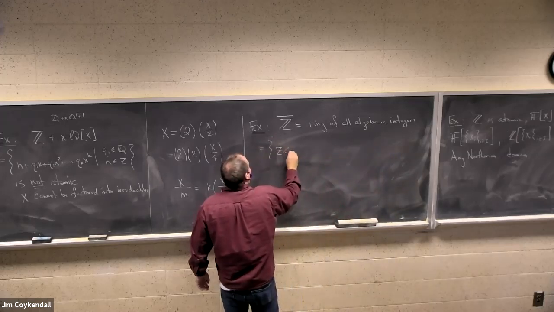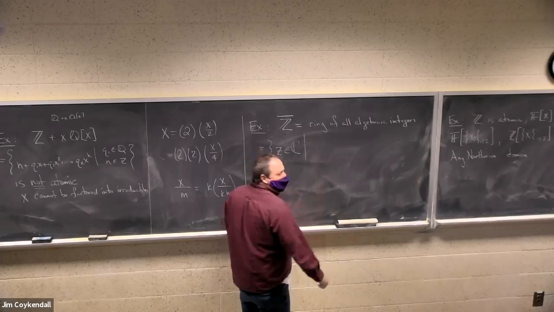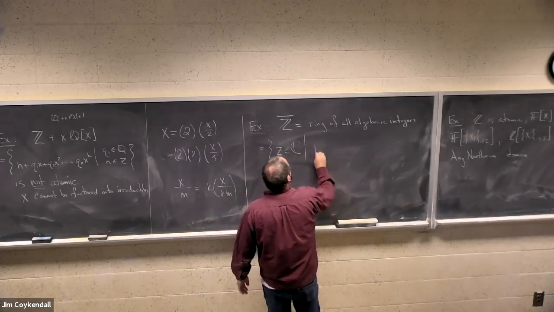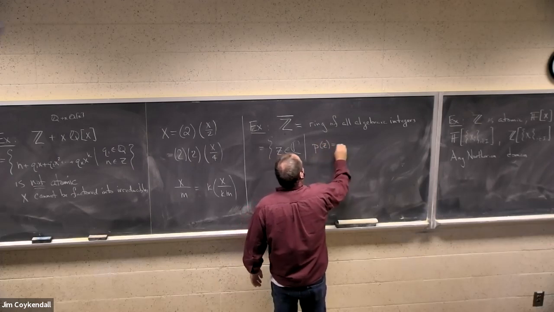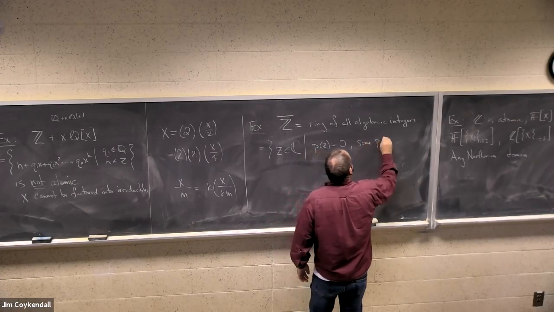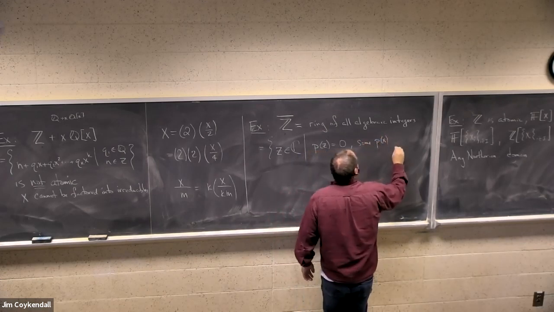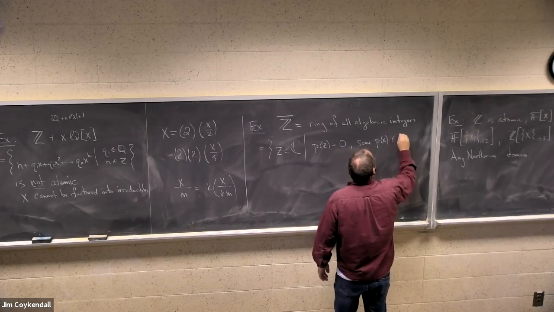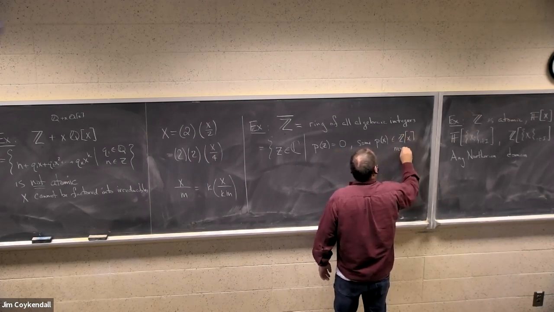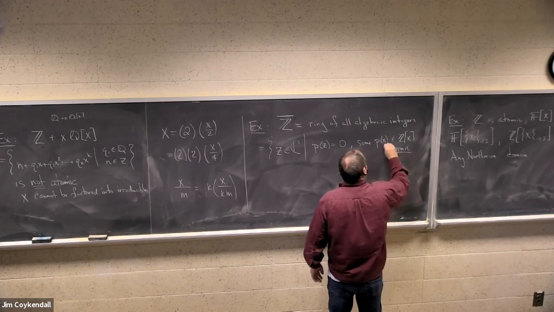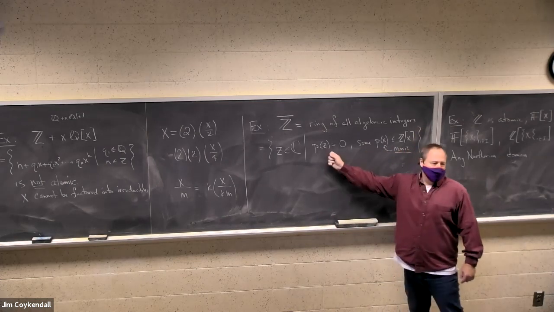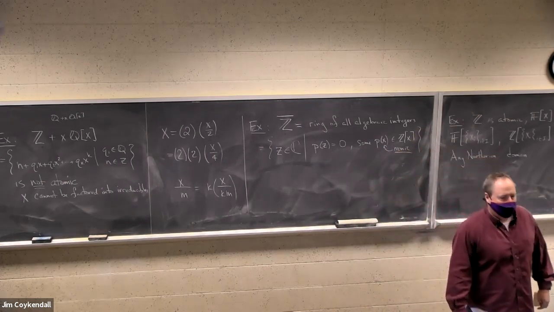Well, this is, for our purposes, the set of all complex numbers, such that this is the set of every complex number that is a root of some monic polynomial.